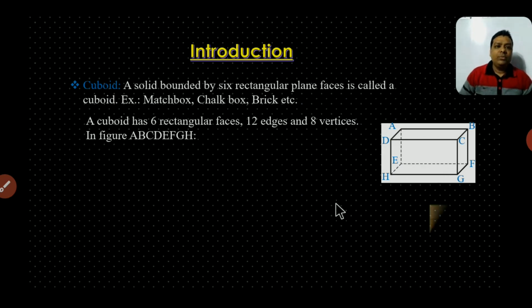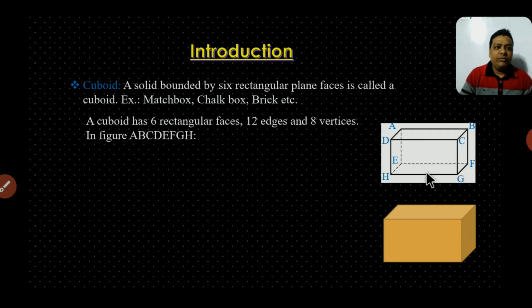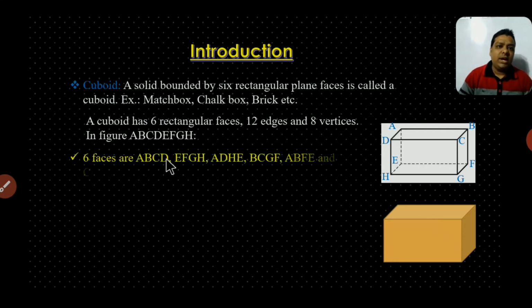Here you can see the solid diagram of the cuboid. The 6 faces are A, B, C, D, E, F, G, H, A, D, H, E, B, C, G, F, A, B, F, E and C, G, H, D, according to this figure.